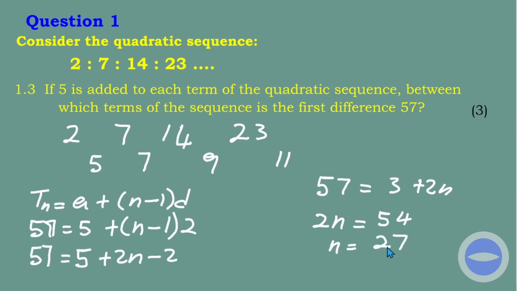Because we've got term number 27, the one that will make 57, it's going to be in between, because we add 5. The answer will be between T27 and T28.